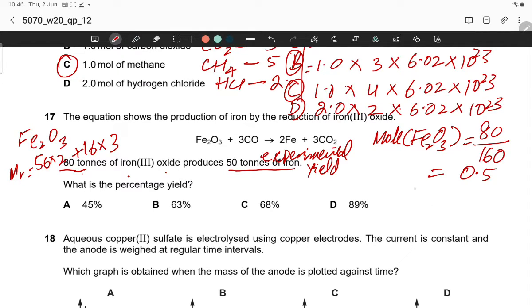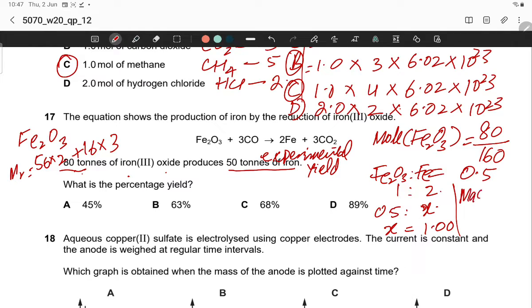So the mole ratio of Fe2O3 to iron is 1:2. So 0.5 : 2x. The moles of iron is 0.5 into 2, which is equal to 1.